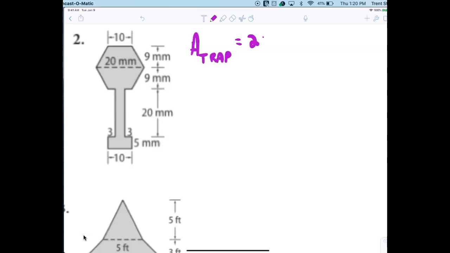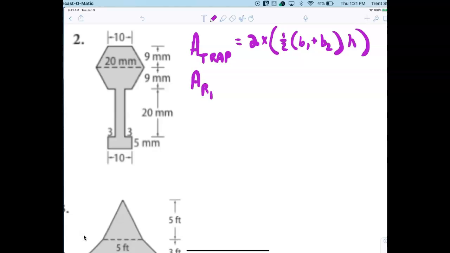times, and then the formula for area of a trapezoid, which was 1/2 parentheses base 1 plus base 2 times the height. Everybody take a look at that because that's a little confusing. I don't want it to be confusing. Anybody have an issue with that? Now there are 2 what?